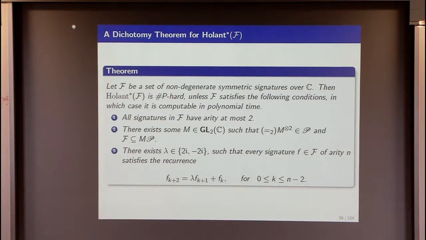Or under a suitable transformation, it becomes the product type. So this is not the original way we found or proved these theorems, but this is the transformational perspective of what, conceptually, it is. Or there's one extra thing, which is the 2i type Fibonacci, which is actually vanishing. So this is the first classification.